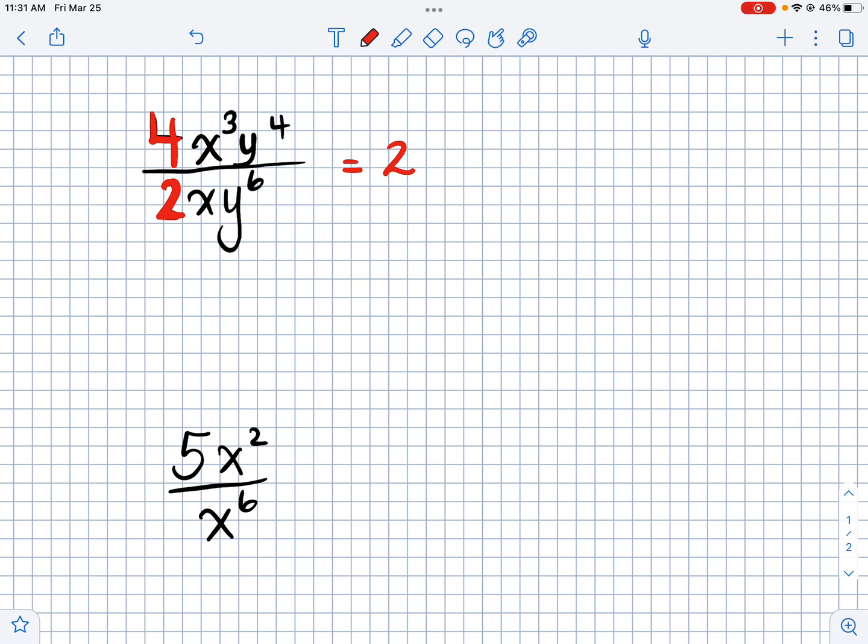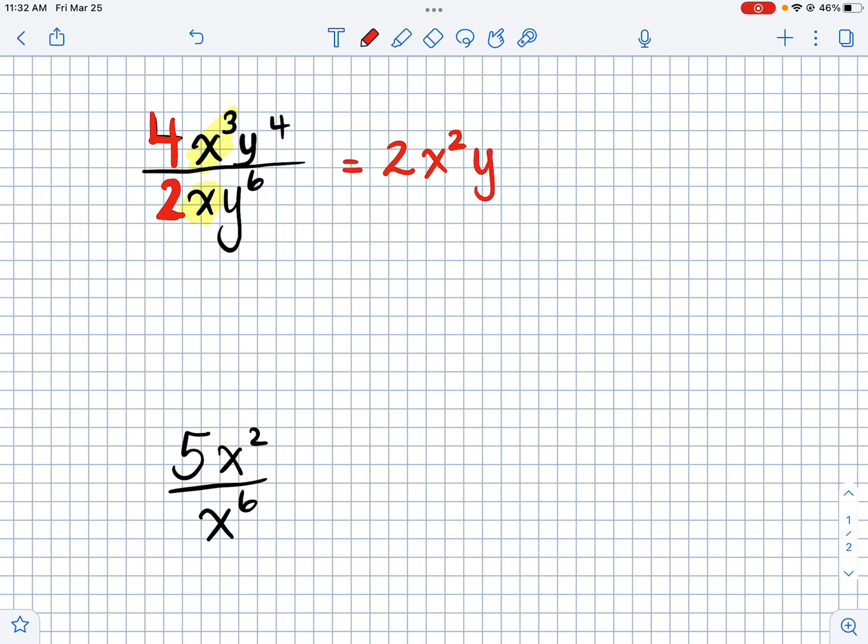And then I'm going to deal with my exponent laws. For the x's, I have x cubed divided by x. If I subtract my exponents, I'm left with x squared. And then the following two, I have y to the power of 4 divided by y to the power of 6. When I subtract those, 4 minus 6 is negative 2.